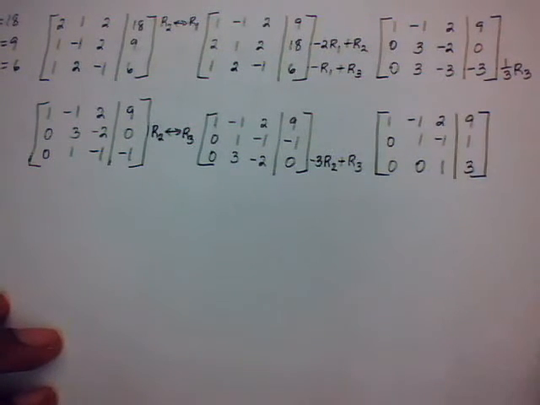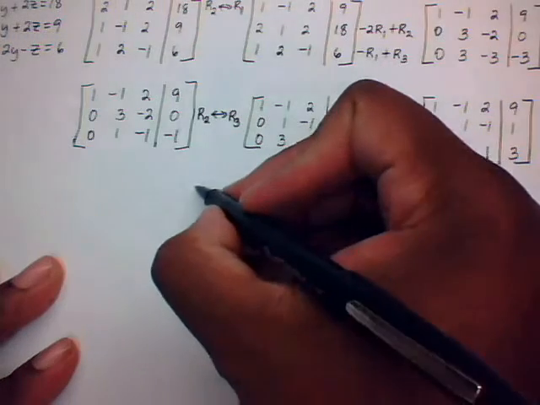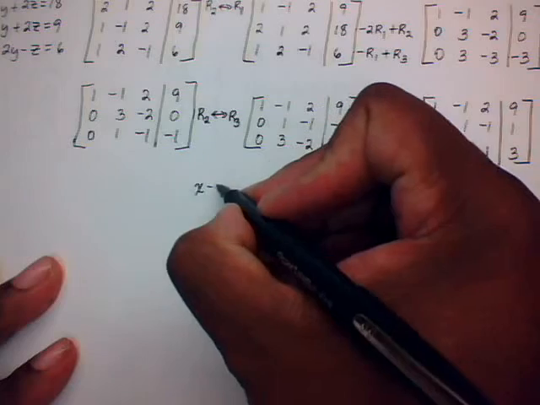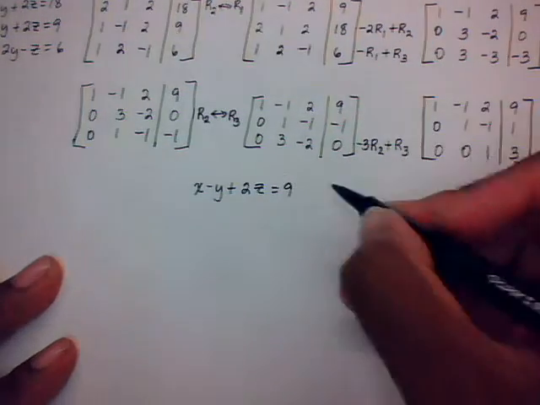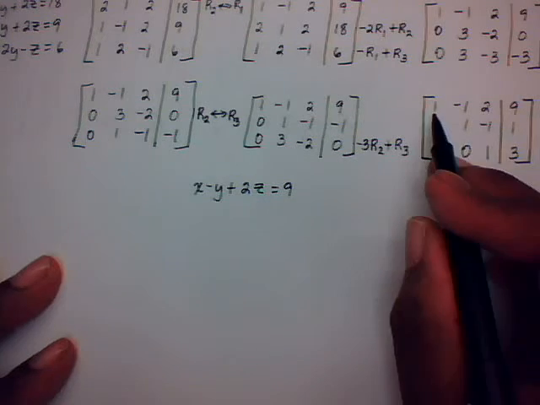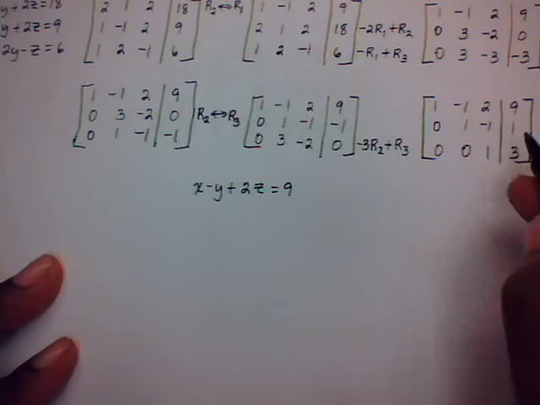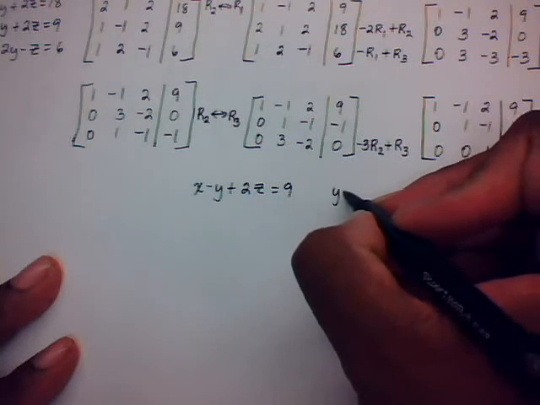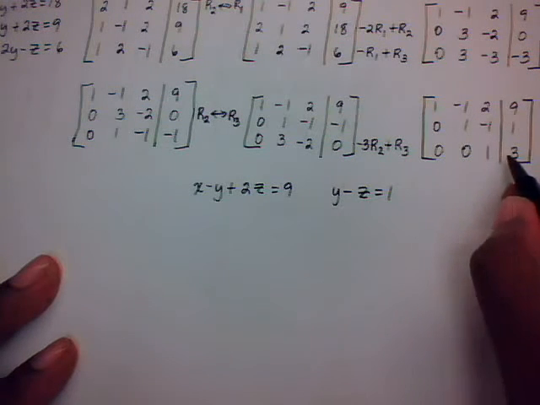That 1, -1, 2, and 9 means this. That first equation is x minus y plus 2z is equal to 9. Now here's the second equation. Y minus z equals 1. And then the final one is z is equal to 3.